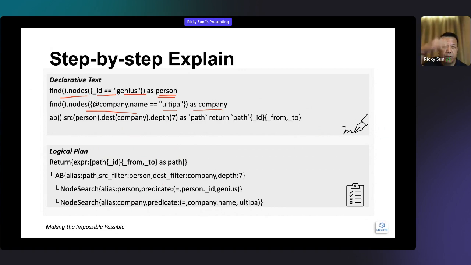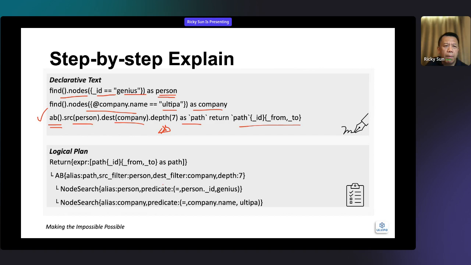Out of the nodes, the vertices. And the third clause is to do an A to B search, starting from a person, going to a destination company, which is essentially going from Genius to Ultipa. There are like 7 steps in between, assuming we're searching that deep, and give alias as path and return the path, all the path information, right? The unique ID, the from ID, and to ID.